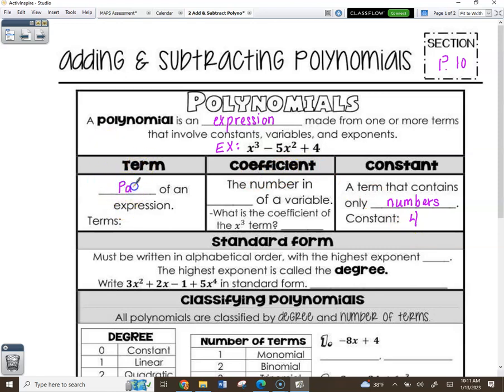Term means parts of an expression. Now watch as I write this. I'm going to copy this same polynomial right here, but I'm going to draw slash marks to separate the terms. So the polynomial is x cubed, I'm going to draw a slash, minus 5x squared slash plus 4.